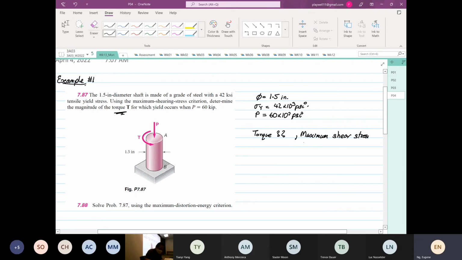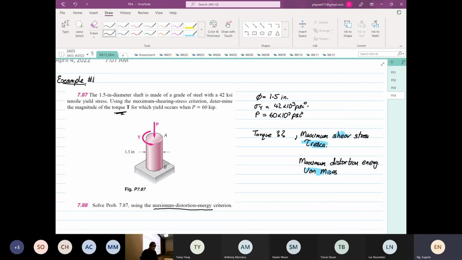Maximum shear stress, we know that it's Tresca. But more important, we're going to do the example of maximum distortion energy, which is von Mises. So you can see how I don't mix up Tresca and von Mises. For Tresca, shear, I use tau.